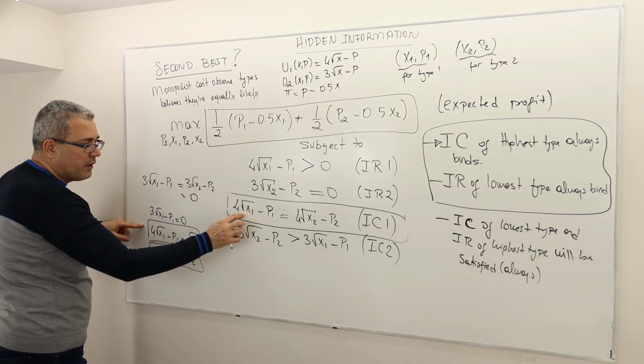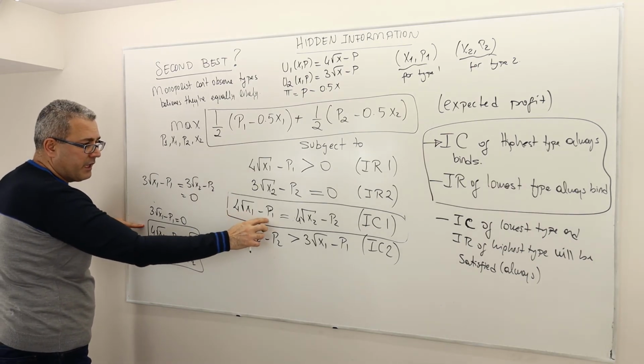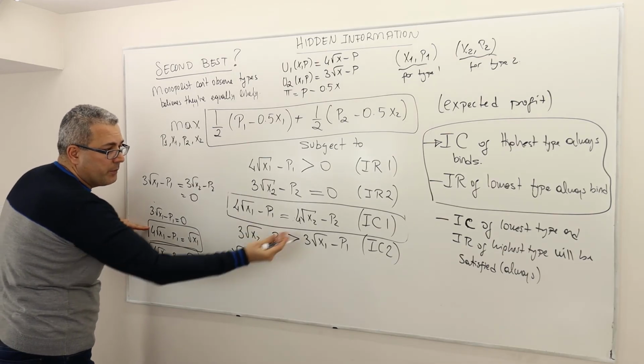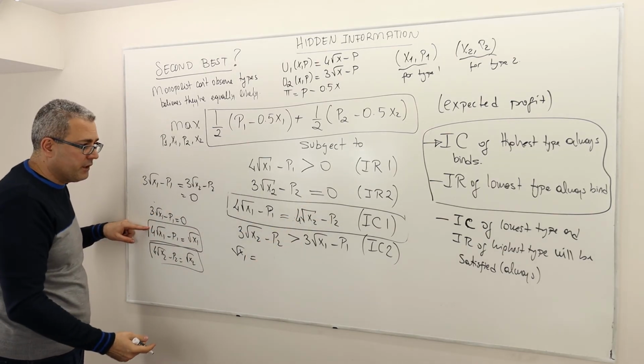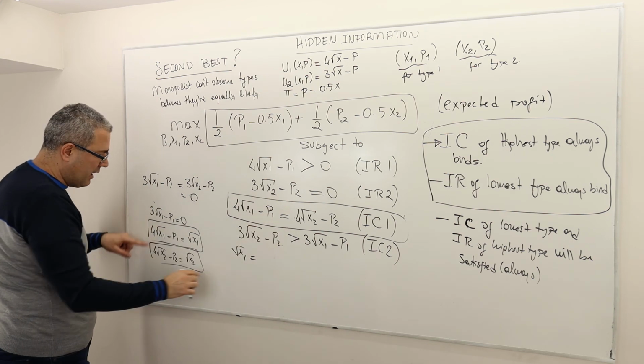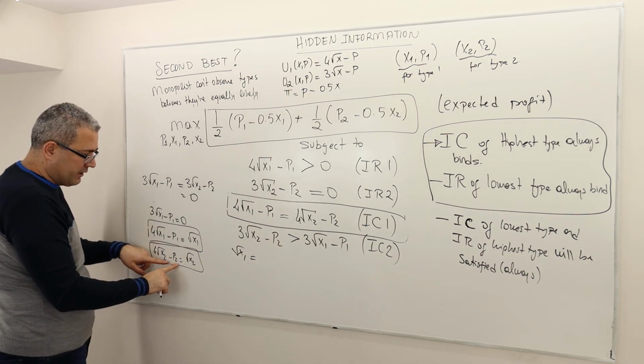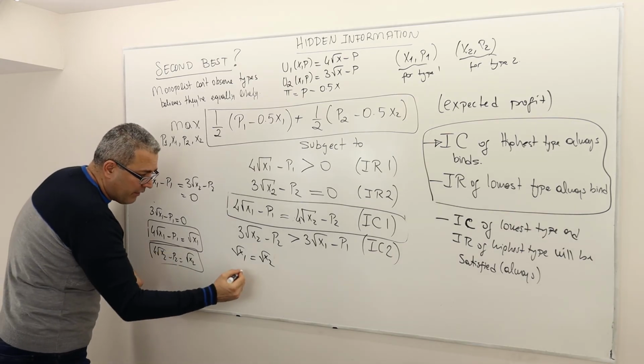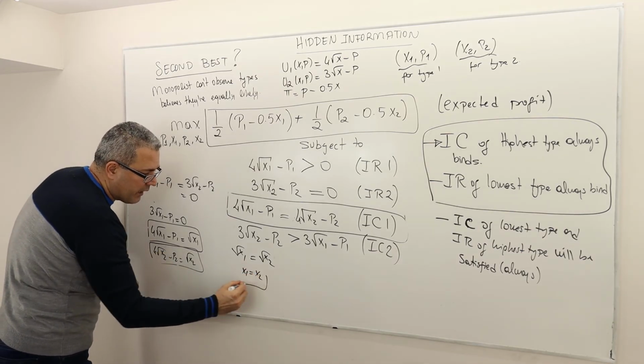What else? Remember, 4 square root of x1 minus p1, which is equal to square root of x1, is equal to, because the IC constraint for type 1 is binding, 4 square root of x2 minus p2, which is equal to square root of x2. This is what we just showed. So that means x1 must be equal to x2.